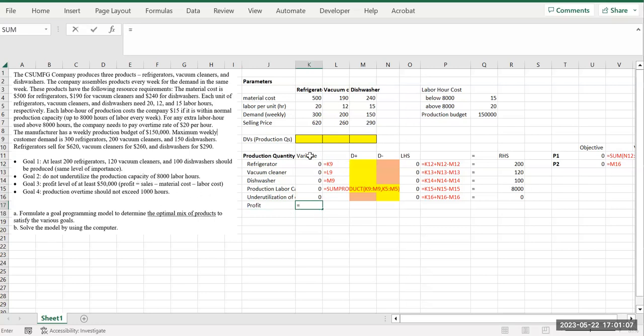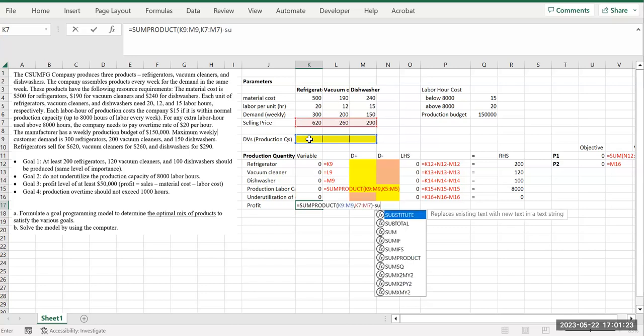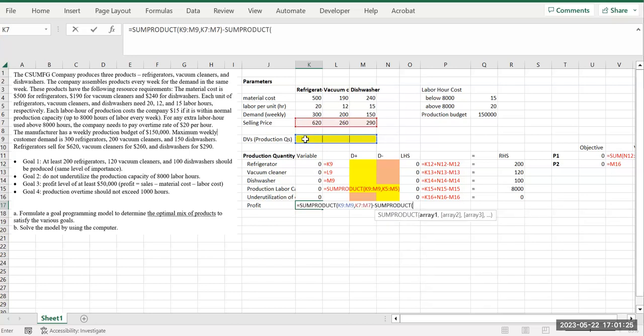Sales is going to be some product of quantities and selling price. So that's revenue minus material cost. Material cost is going to be per unit. Again, some product of, and this is a direct cost, so it depends on the actual quantity.